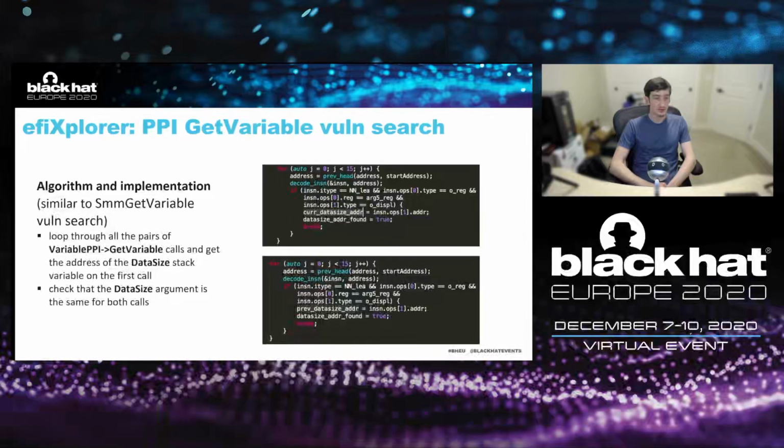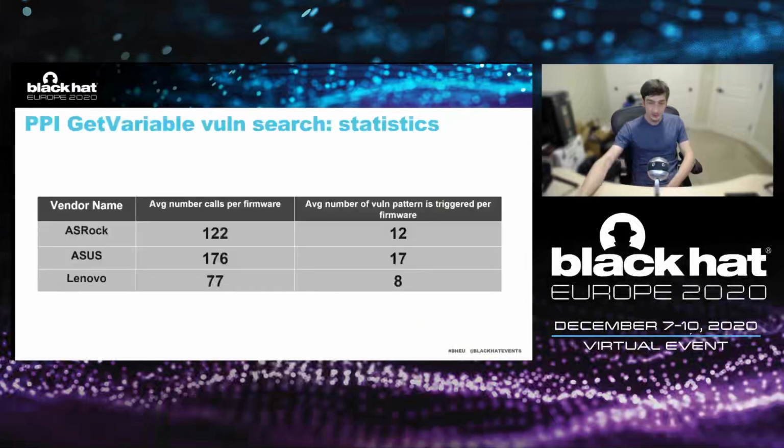And after that, what we do is quite similar. We just use the data size as a marker. We try to find a sequence of 2 get variable calls in a row using the same data size, and mark it as a potential security issue if those conditions are met.